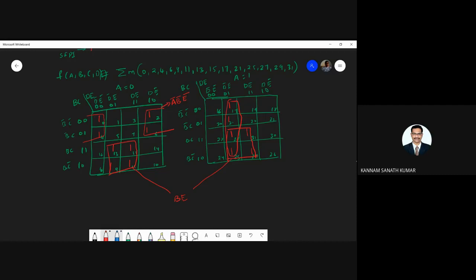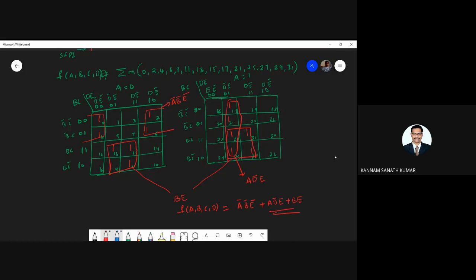For this one, this is the true form A. BC will be eliminated, and you are getting B bar E. That's it, no? So what is my expression? F of A B C D E equals A bar B bar E bar plus A D bar E plus B. So this is my expression.